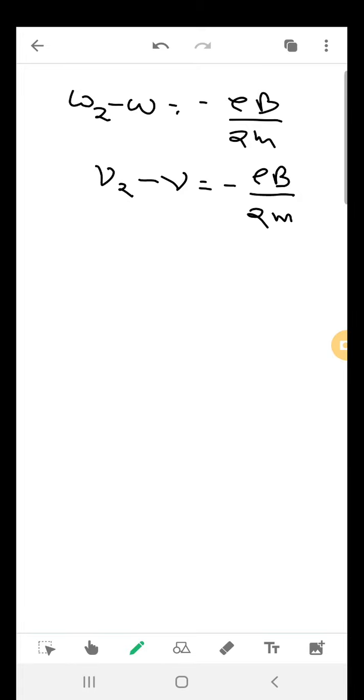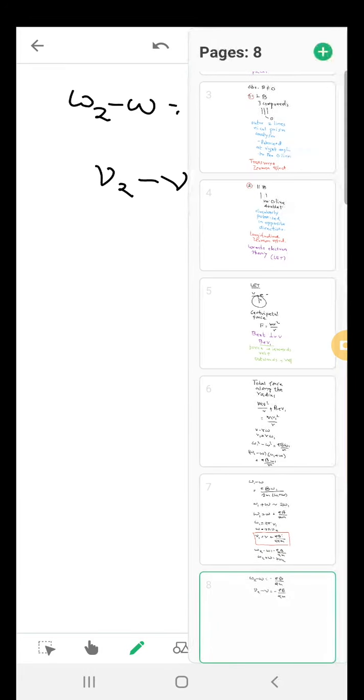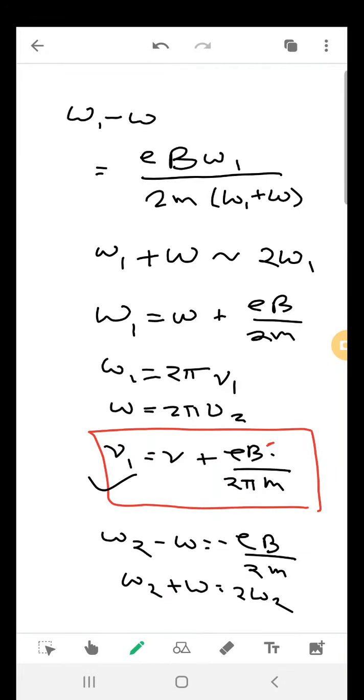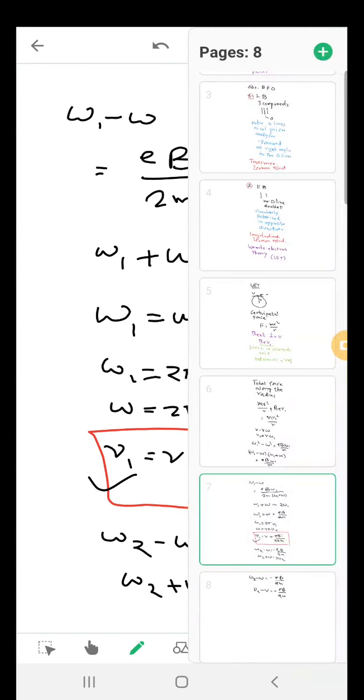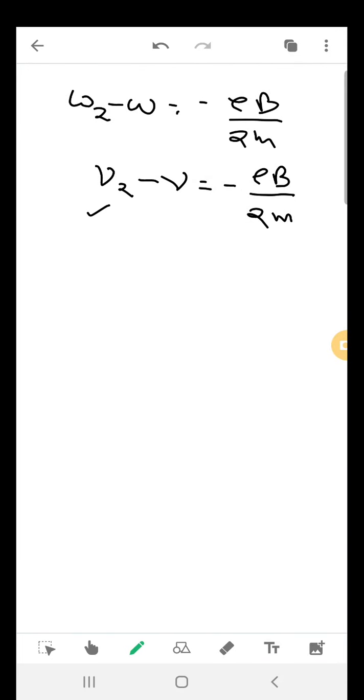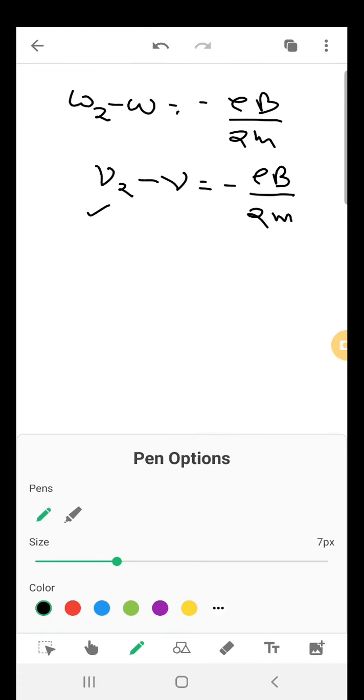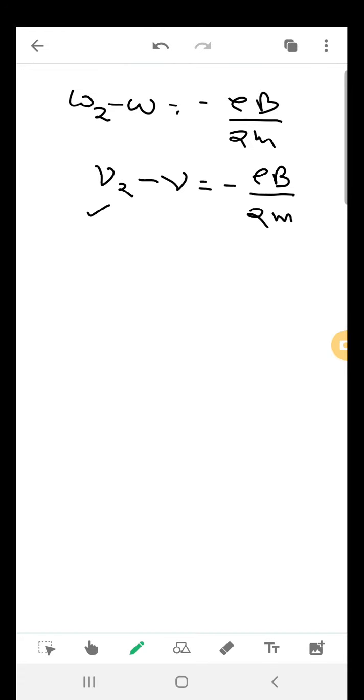From these two equations, if we compare them, we get delta nu is equal to Be by 4 pi m.